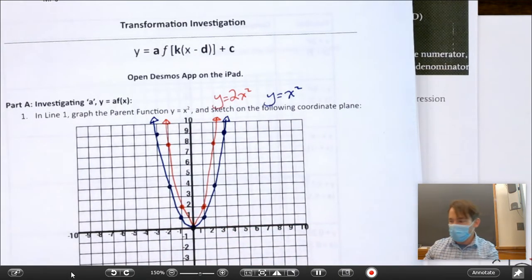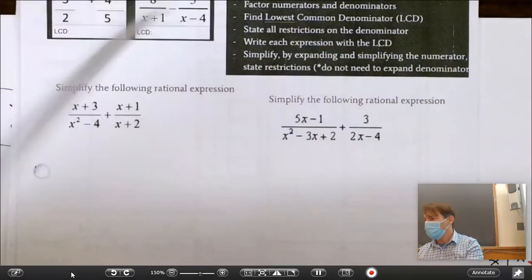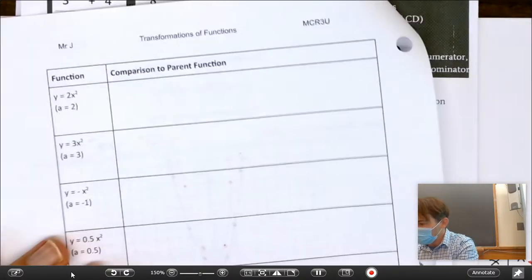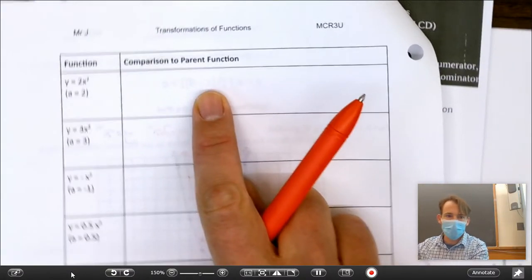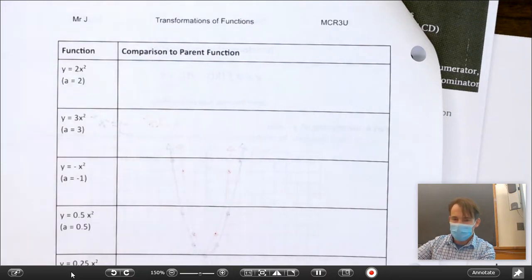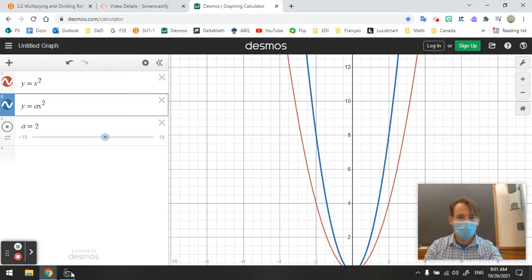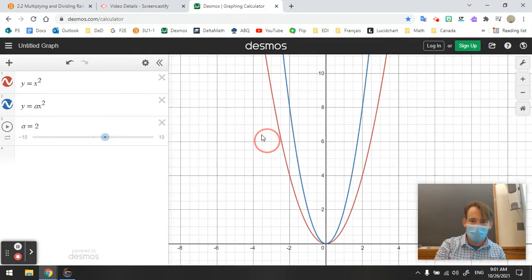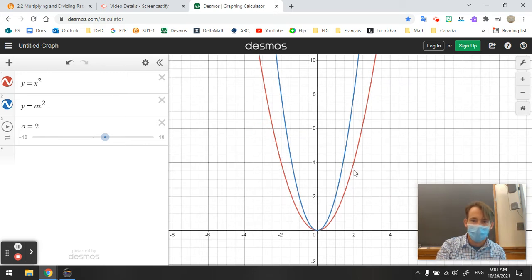Now I can go back to this page and say, well, what happened there? Let's compare that to the parent function. How would you describe the change from the red parent function? This is the original x squared, the OG quadratic, and then its child here, 2x squared. What changed?